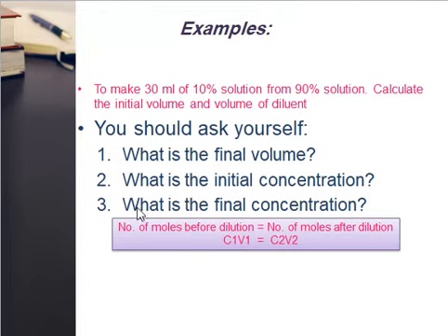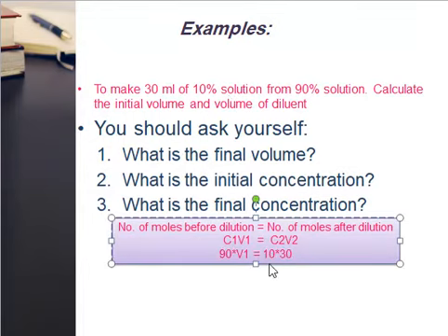What is the initial concentration? We have defined dilution as a process in which the concentration decreases, so the initial concentration should be the higher. This means 90% is the initial concentration, and 10% is the final concentration.